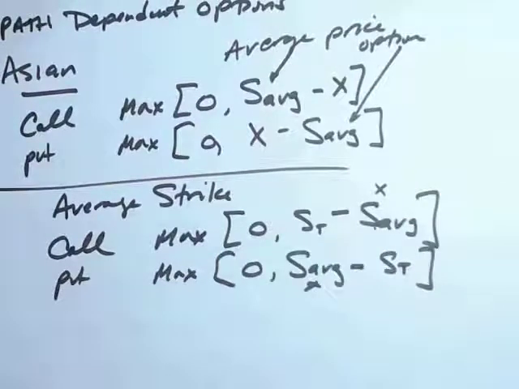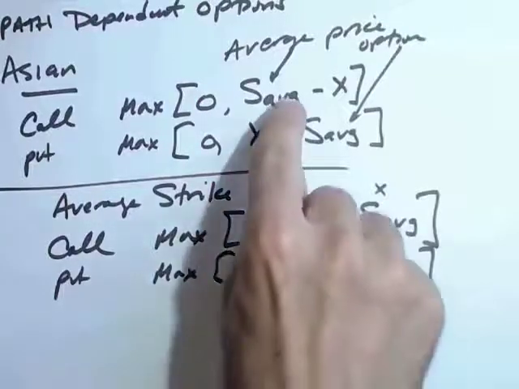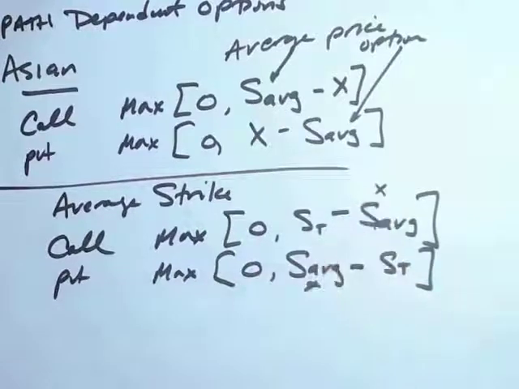So extreme payoffs, like you might see with a standard call option when you go far up, don't exist in these options, because there's an averaging effect. Those extreme payoffs are all smoothed out by the averages, and that has important effects on their prices.